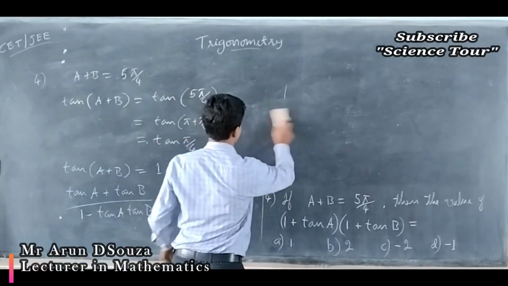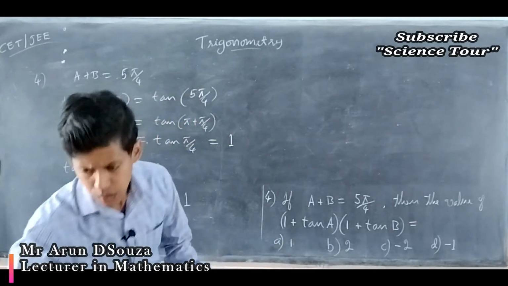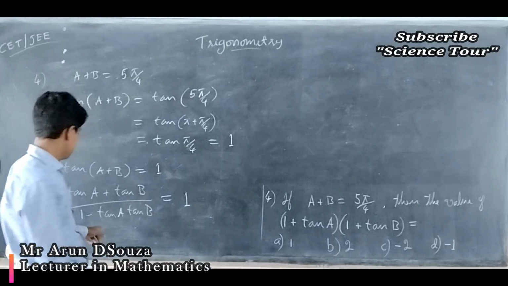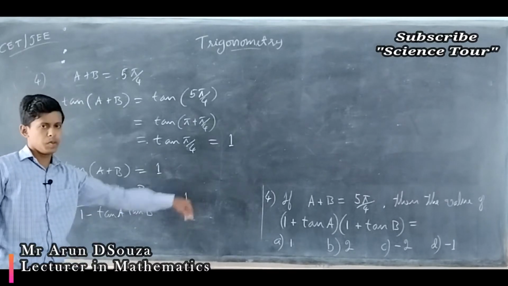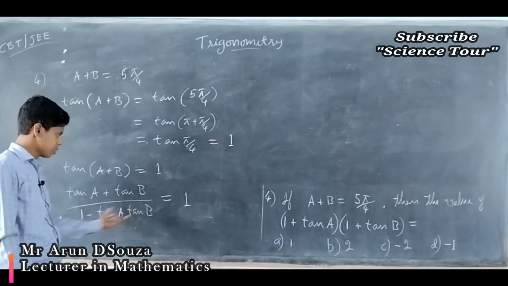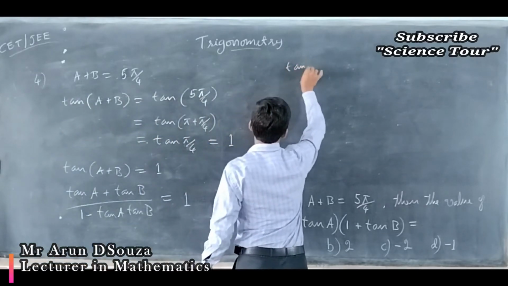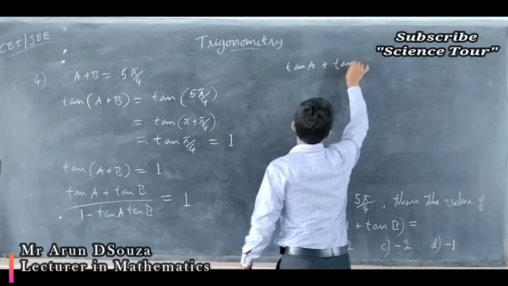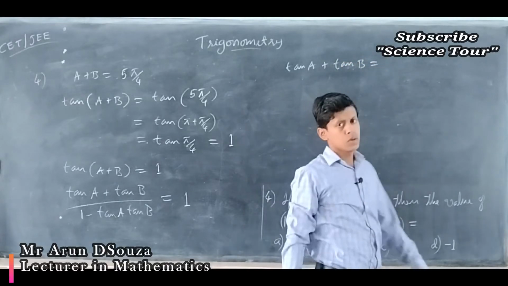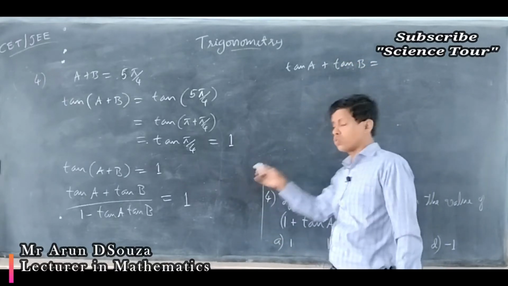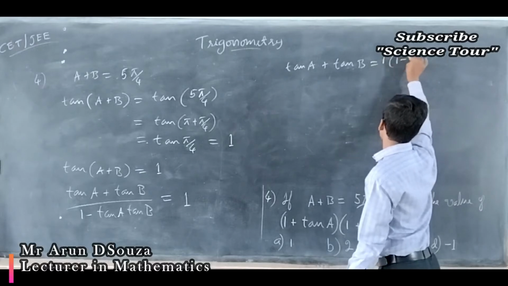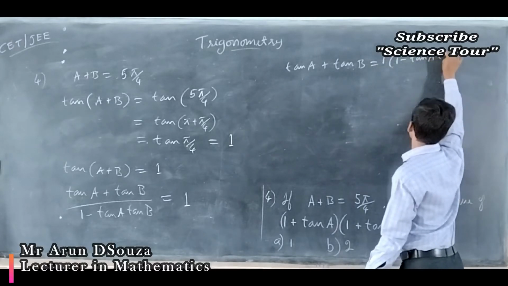So next I'll take this whole denominator and multiply it to 1, that means it will be the same. So tan a plus tan b is equal to 1 into 1 minus tan a tan b.